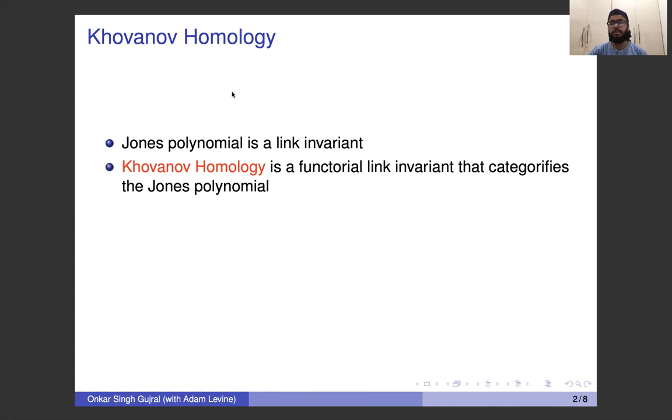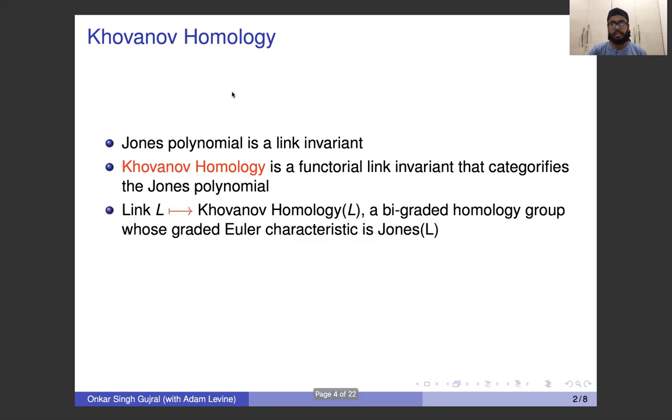Now the Khovanov homology is a functorial link invariant that categorifies the Jones polynomial. We will flesh this out a little bit during this slide. What this means is that the Khovanov homology of a link contains at least as much information as the Jones polynomial. In fact, we know that it actually contains more information. And it turns out that you can actually recover the Jones polynomial from the Khovanov homology.